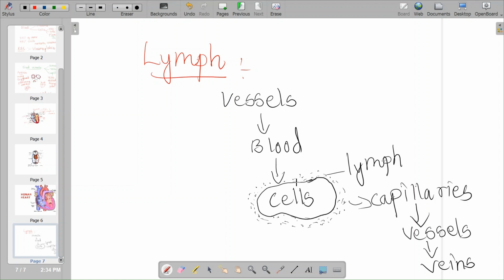Whatever leaked from our cells is coming back into our circulation through our lymphatic system. One more function of the lymph, it also carries the digested fats and supplies them to all the cells and the tissues.